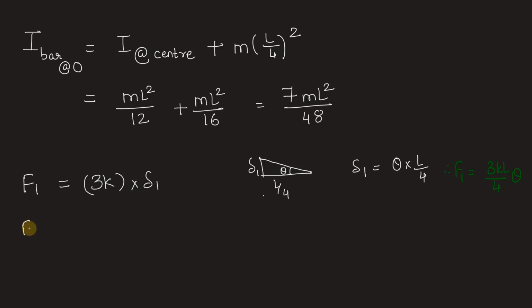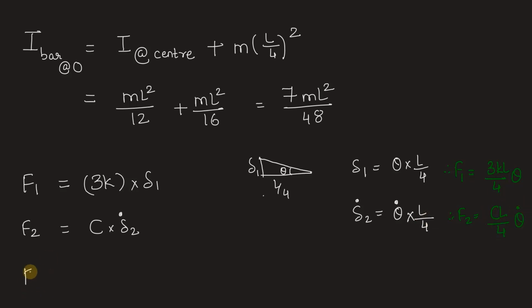Similarly, you can compute F2, which is equal to C into delta 2 dot, the velocity of the bar at that point. So it is nothing but the time derivative of delta 2. And by linear relationship, delta 2 dot is equal to theta dot into the distance, that is L by 4. So F2 we get to be C into L by 4 theta dot.